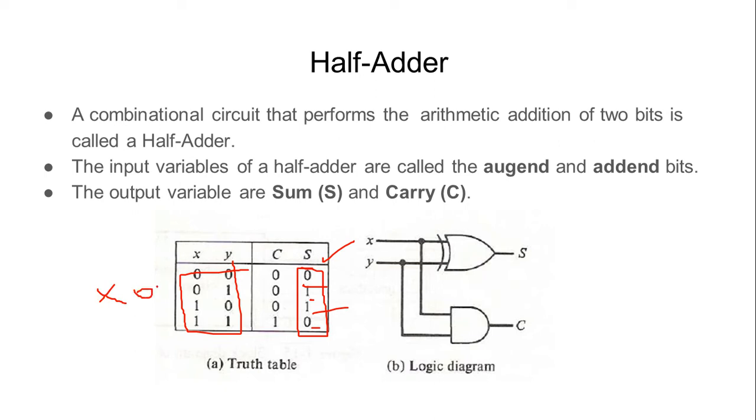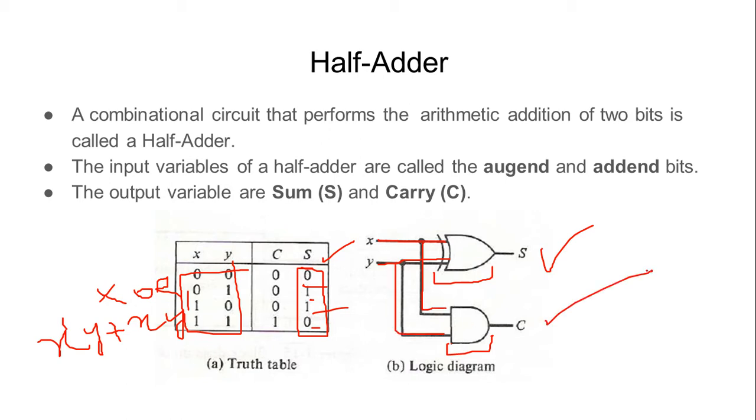If you remember, the XOR gate does x complement y plus x y complement, right? So it was yielding the same result. That's why for the sum we have used the XOR gate, and for the carry we have used the AND gate. So x being the input to the XOR gate and y being the input to the XOR gate will yield the sum, and the same x and y being the input to the AND gate will yield the carry. So this is how the half adder works.